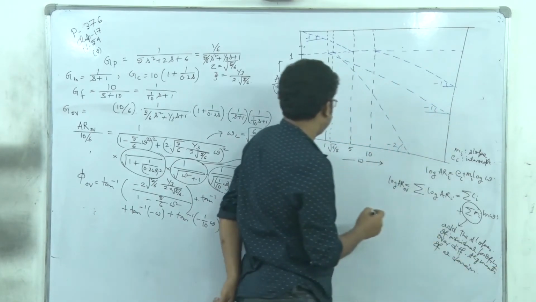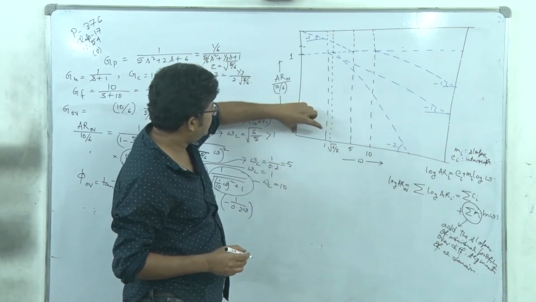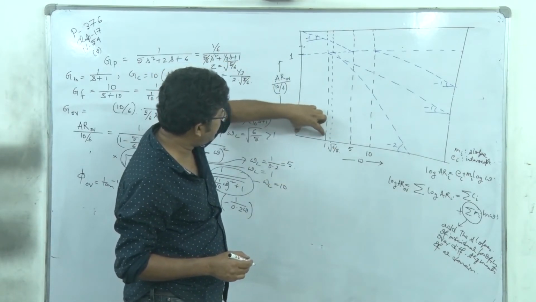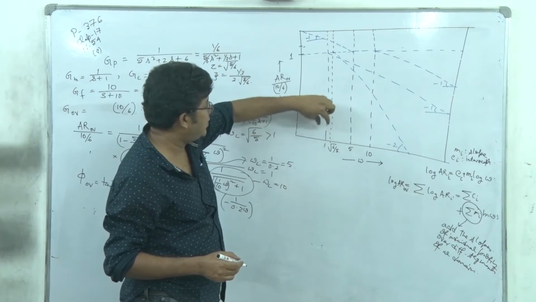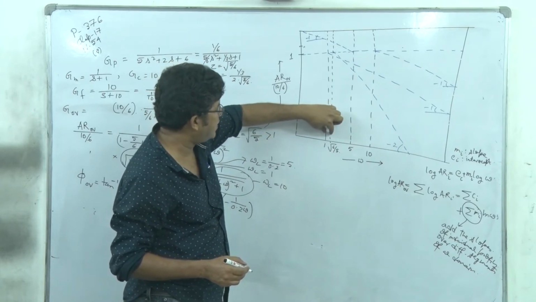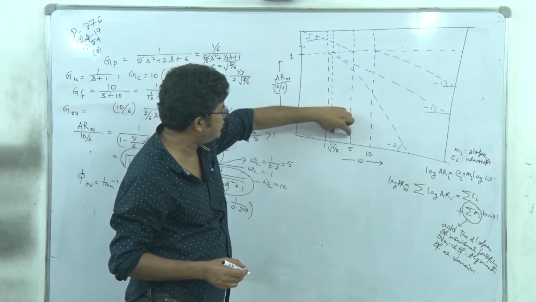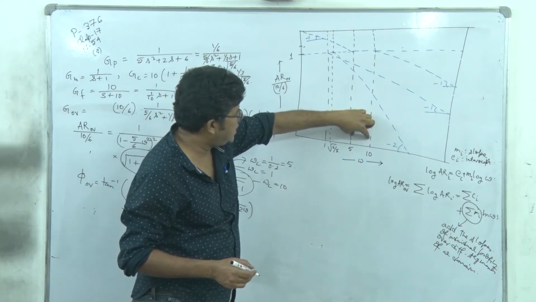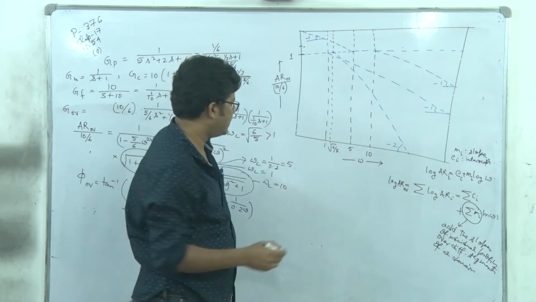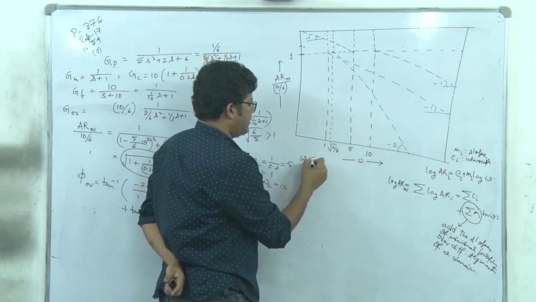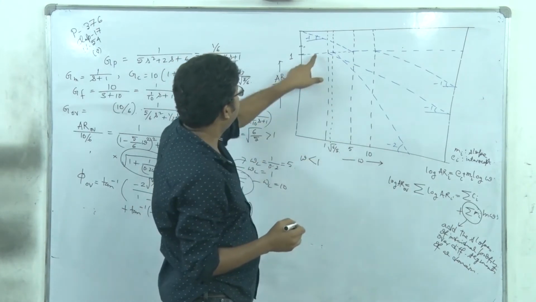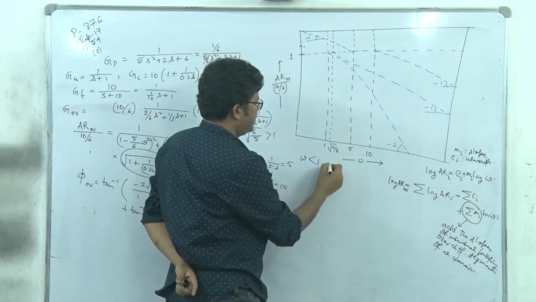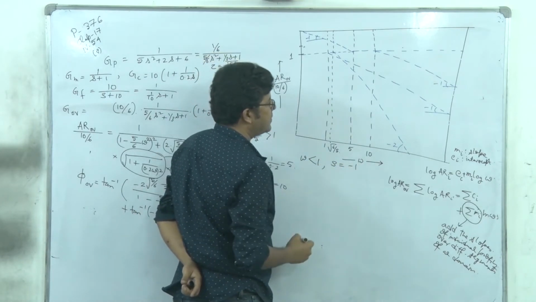What does it mean? That here 0, or wherever you are starting, from that to 1 is a domain, 1 to under root 6 by 5 is another domain, under root 6 by 5 to 5 is another domain, 5 to 10 is another domain, and more than 10 is another. So when omega less than 1, what are the slopes? All the slopes, if we add, slope will be minus 1, right?